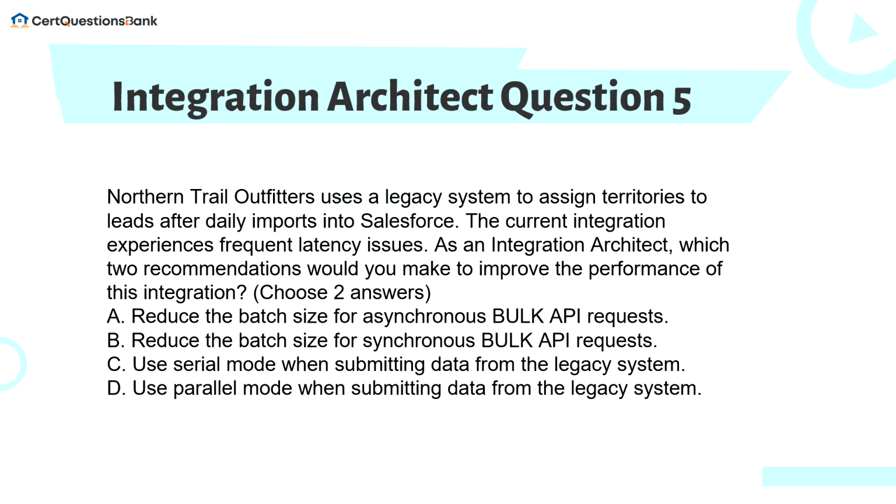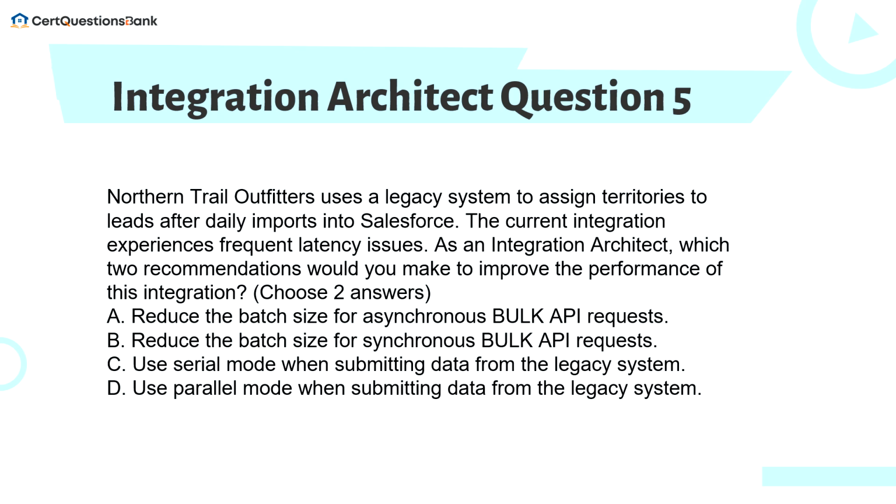Northern Trail Outfitters uses a legacy system to assign territories to leads after daily imports into Salesforce. The current integration experiences frequent latency issues. As an integration architect, which 2 recommendations would you make to improve the performance of this integration? Choose 2 answers.